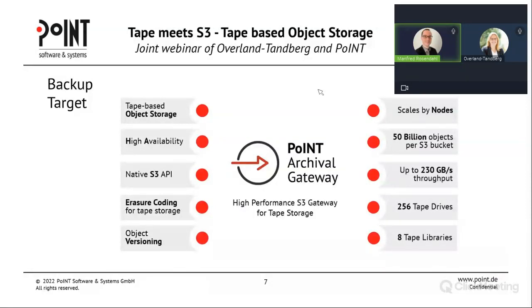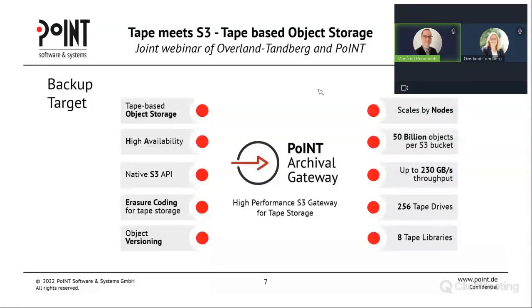We have one node type which is responsible for the actual data transfer from S3 to tape, and one type is responsible for the entire management. And when we write to tape, we use erasure coding, and we support different settings like 1+1, which is a mirroring, or 3+1 to improve performance.